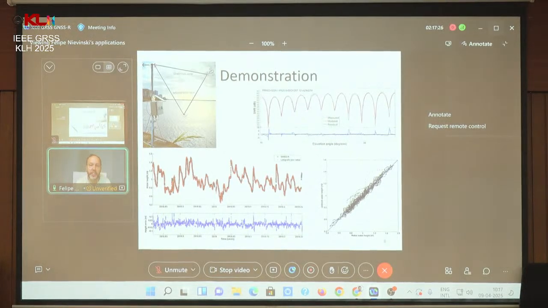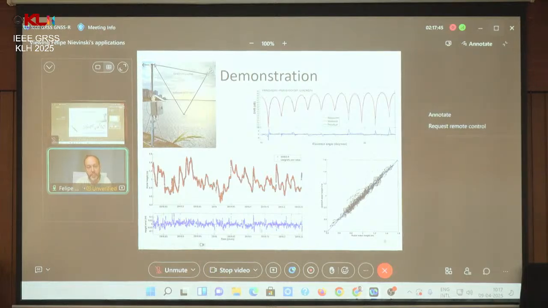It is precise enough that we even detected when the state government makes adjustments in their radar gauge, so that we saw steps in the distance between the two time series.